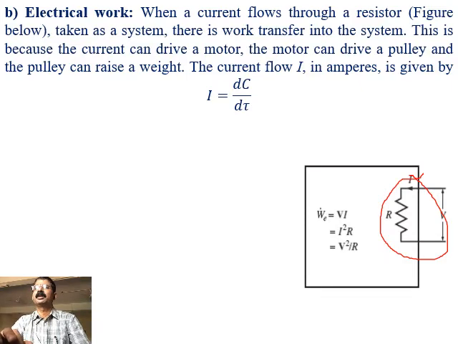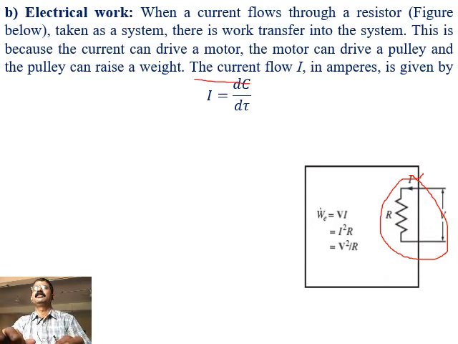Whatever the current flowing through this resistor, we are saying that there is some work transfer, right? Work transfer into this resistor is nothing but work transfer into the system, because the current flowing through the resistor can drive a motor, and the motor can drive a pulley, and the pulley can raise the weight. So this is how you have to link between the electrical energy and the work transfer.